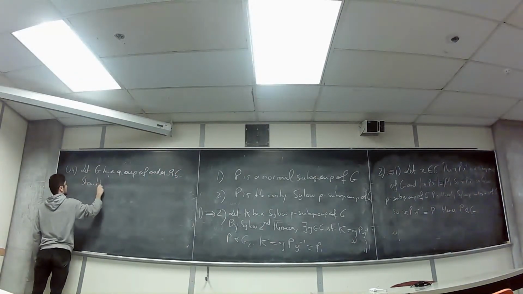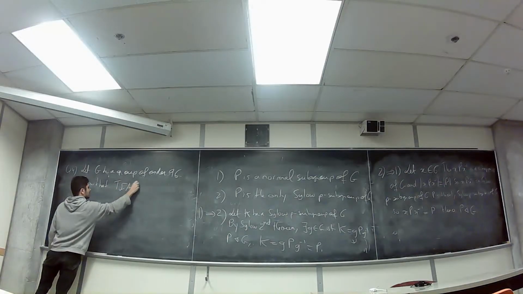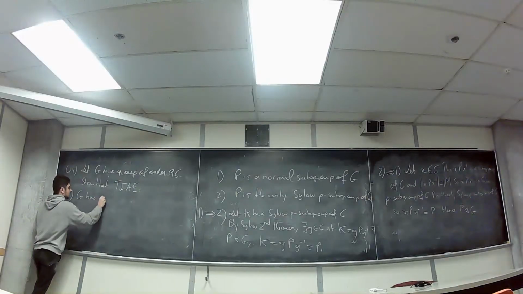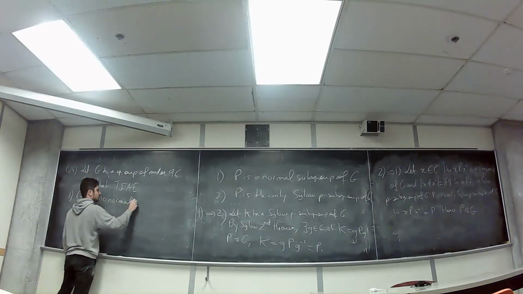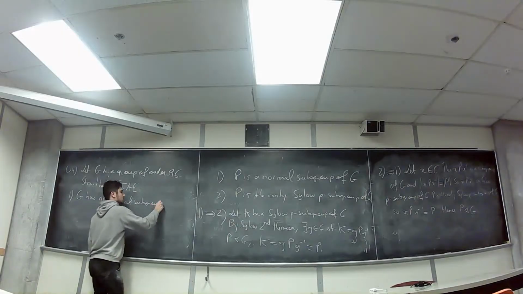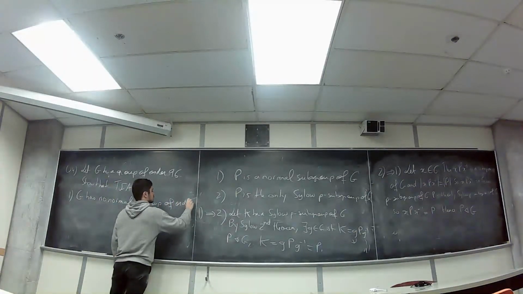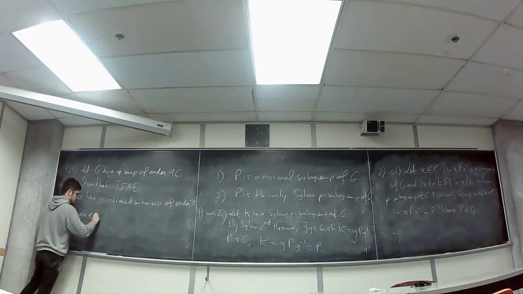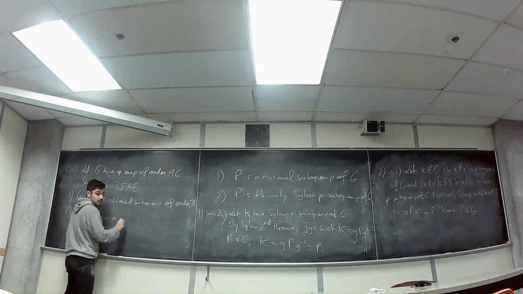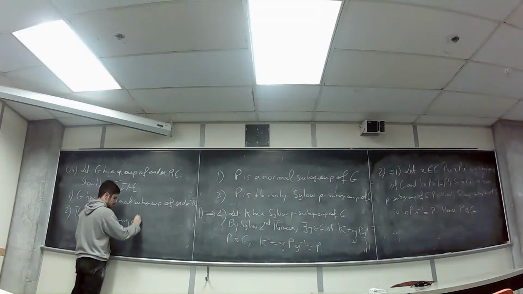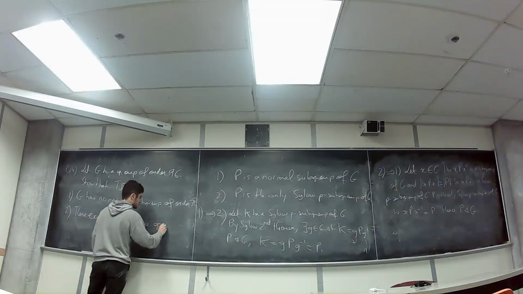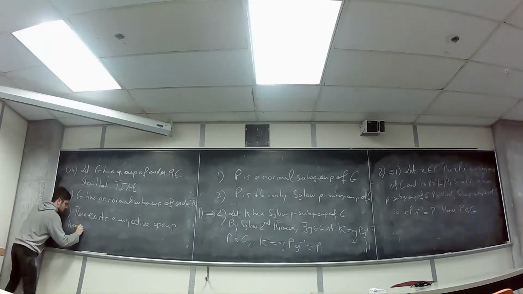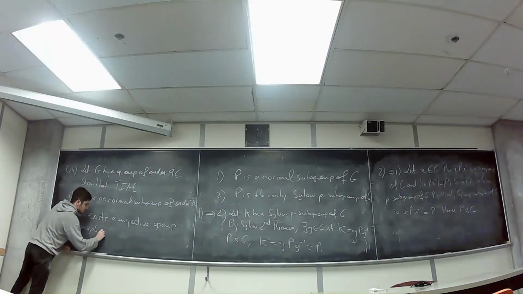Show that the following are equivalent. 1, G has no normal subgroup of order 32. 2, there exists a surjective group homomorphism from G to S3.